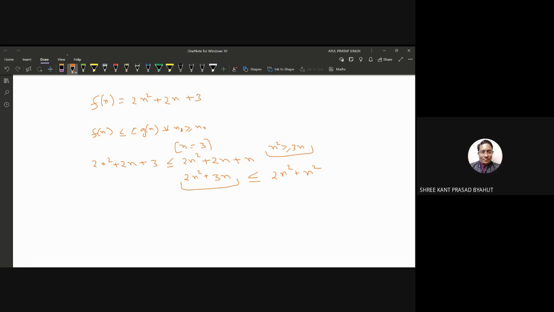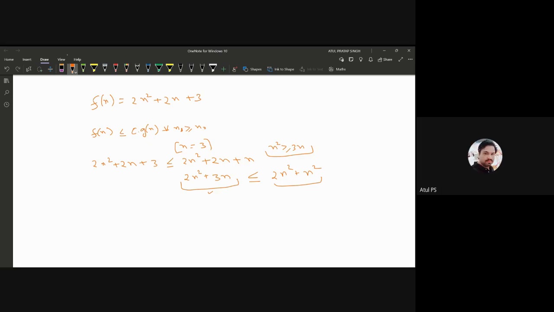Yes, it is true. If n square is greater than or equal to 3n and we replace 3n by n square, then for every such value this part will always be less than or equal to that part. Is it true? Yes, sir.